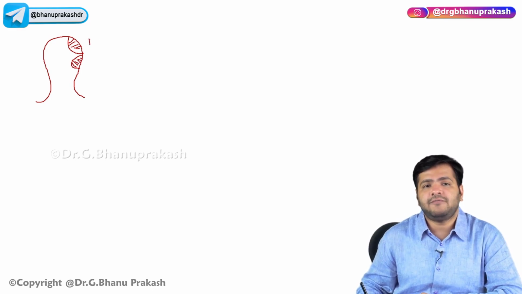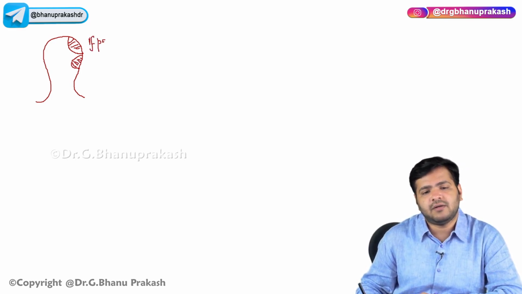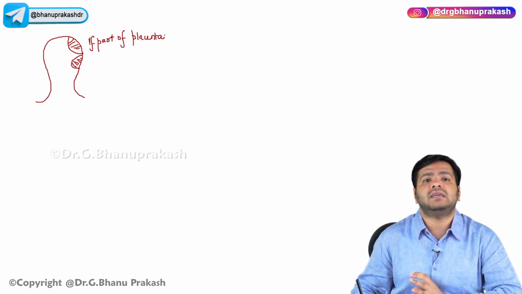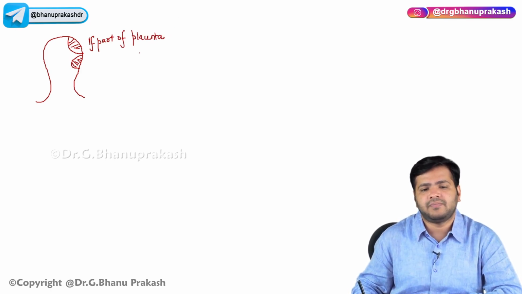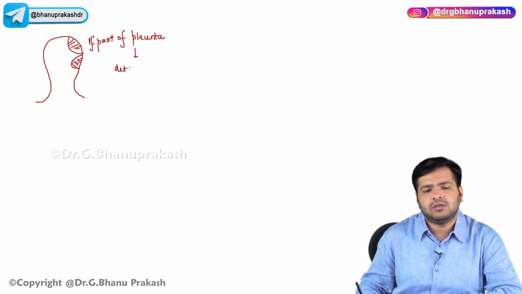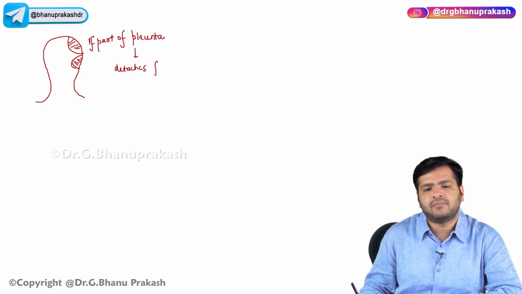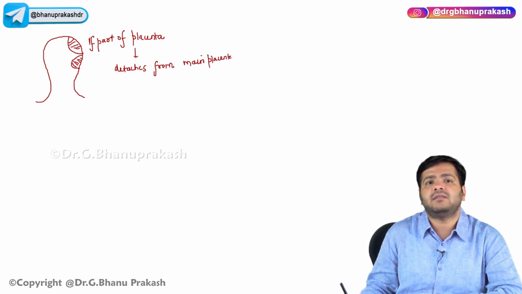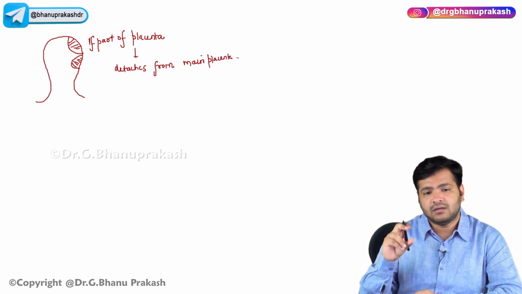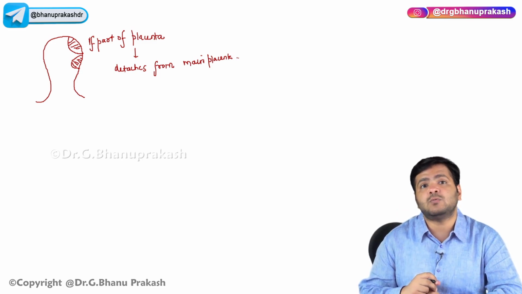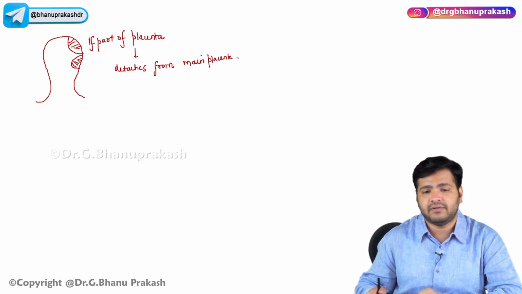So remember, if part of the placenta detaches from the main placenta, what will happen then? These two parts are connected with each other through blood vessels, right?